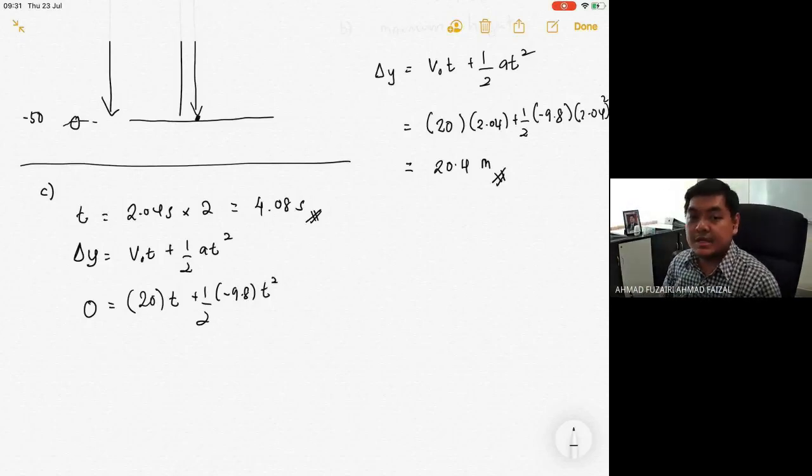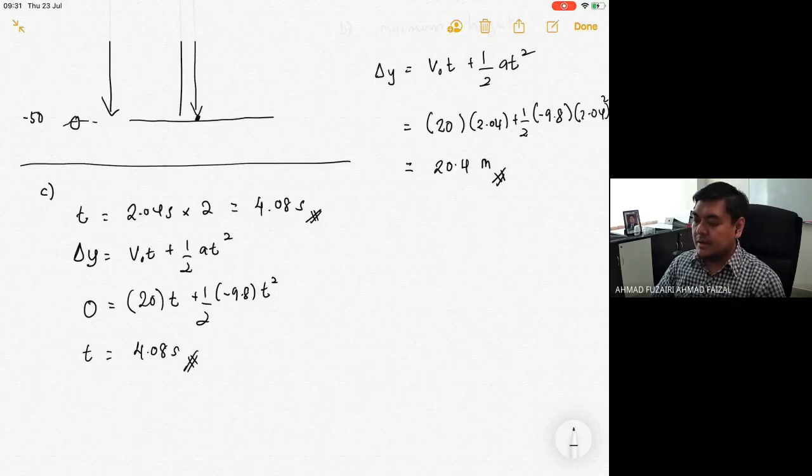Macam ni maksudnya kita kena cari t dalam quadratic function. So nanti kita akan dapat t equivalent to beberapa value. Yang penting kita ambil value yang positif, 4.08 seconds.